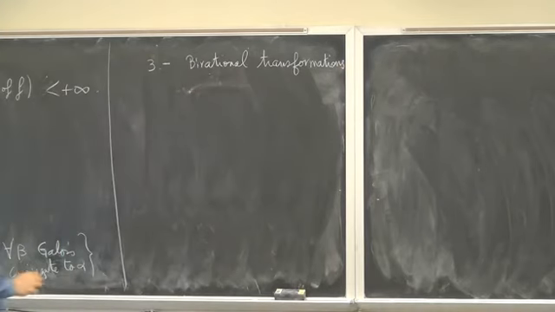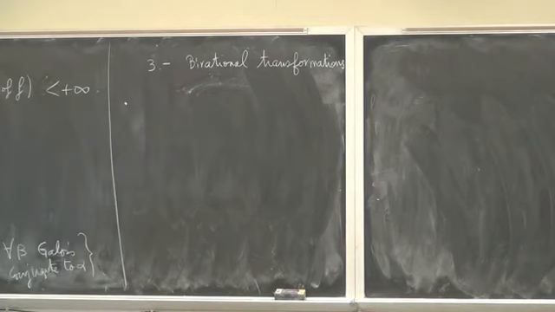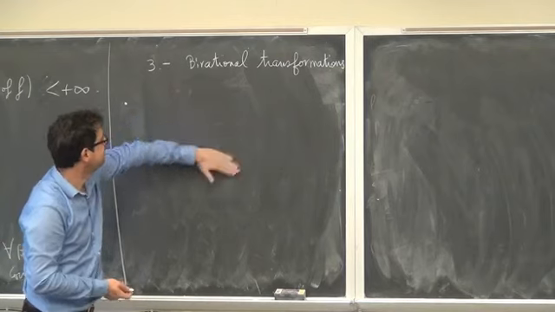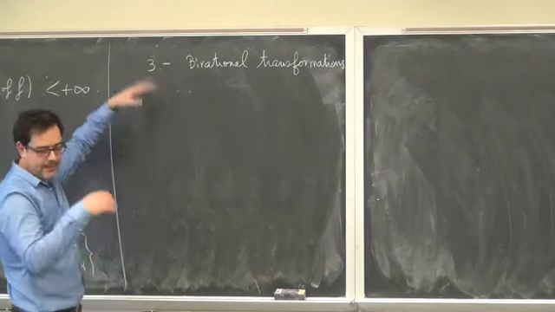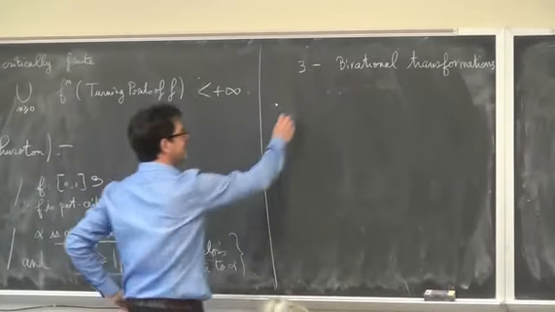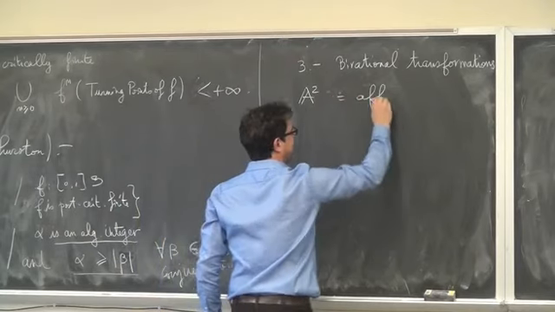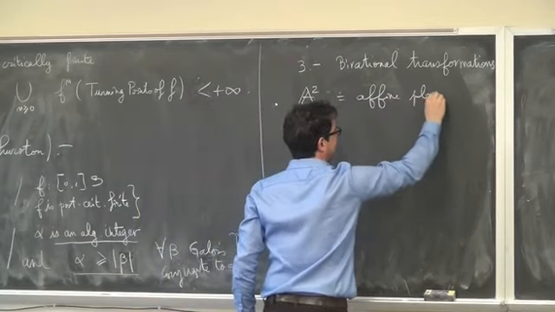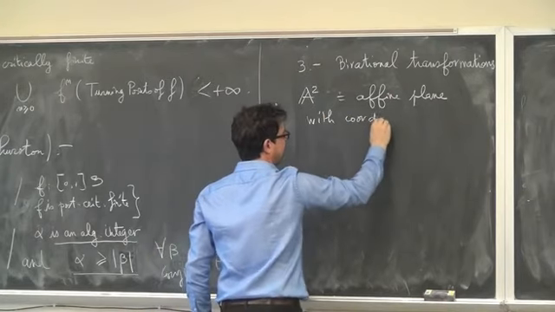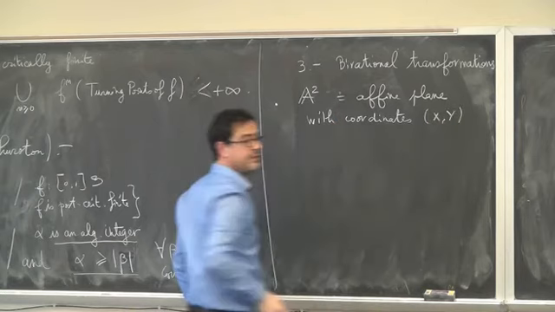Okay, let's start with birational transformations. I just want to consider the case where you can do what I'm going to do for algebraic varieties over a field. Here the algebraic variety is just the affine plane with affine coordinates.